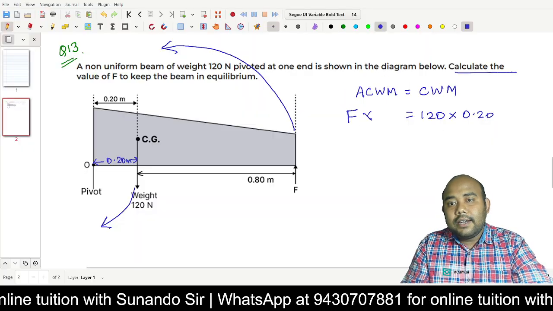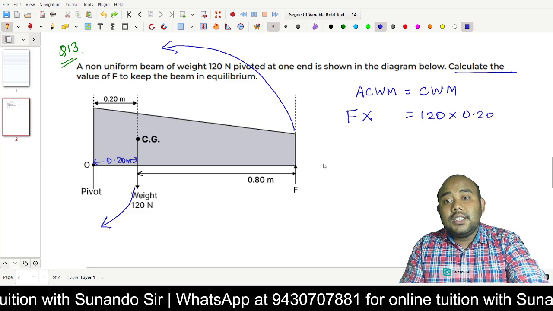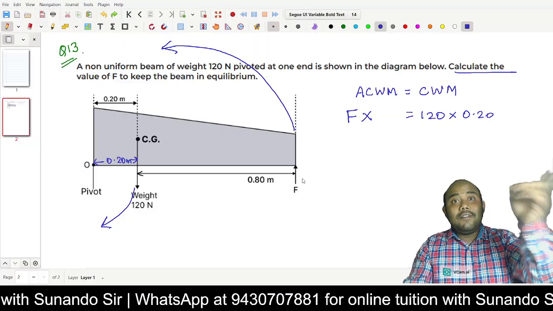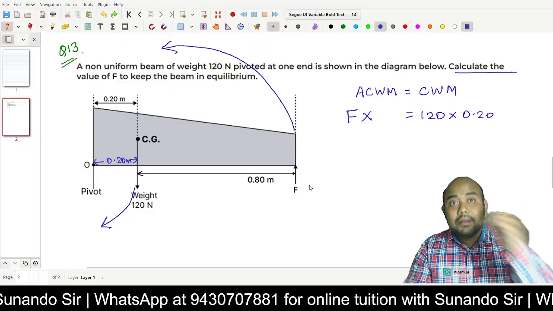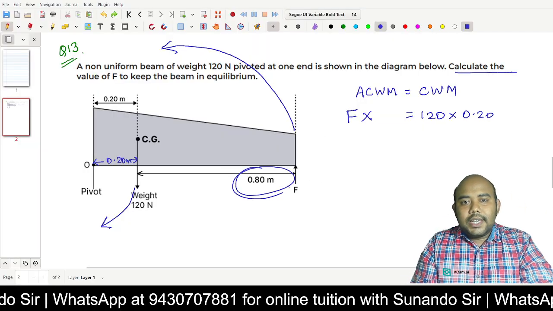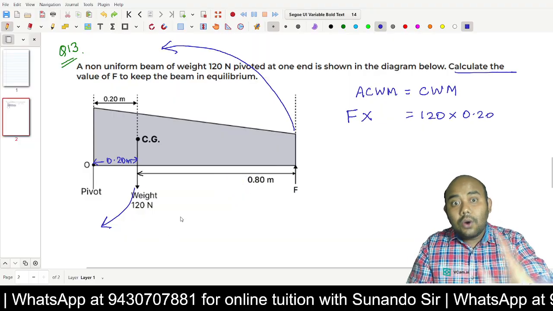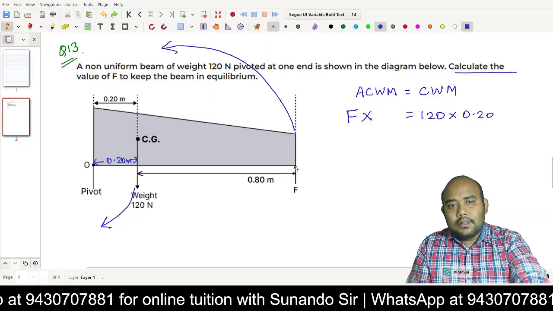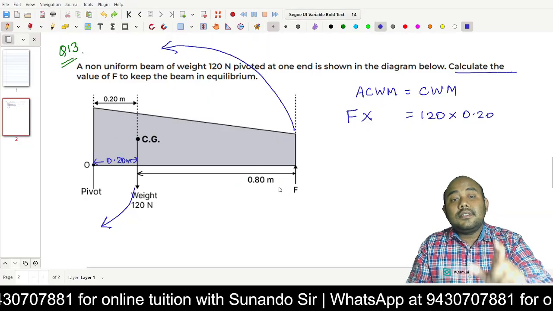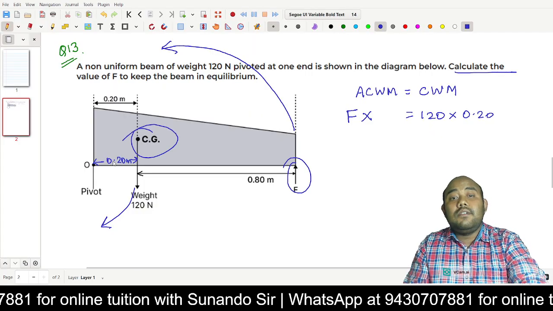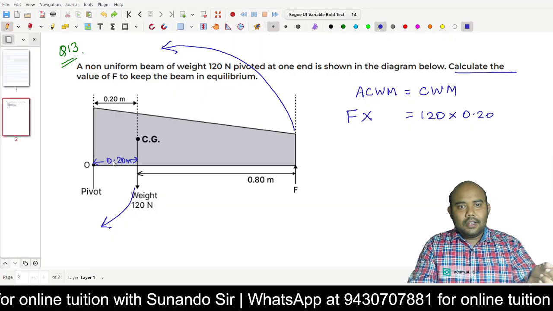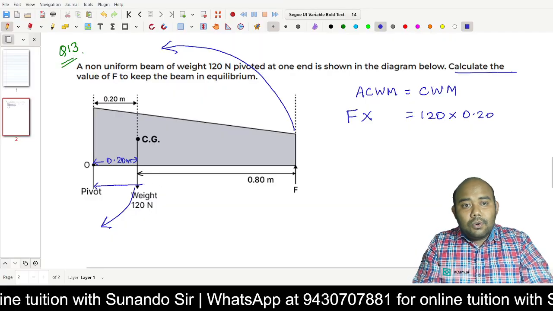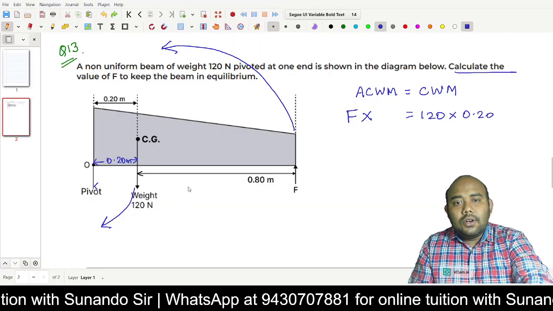So F multiplied with the distance of this force from the pivot. We always calculate the distance from the pivot. So should we take 0.80 meter? No, this 0.80 meter is the distance of this force F from the center of gravity and not from the pivot. So we need to take the whole distance from the pivot.